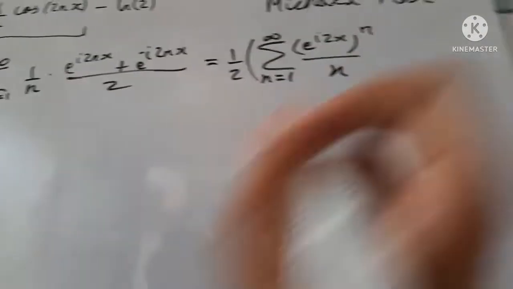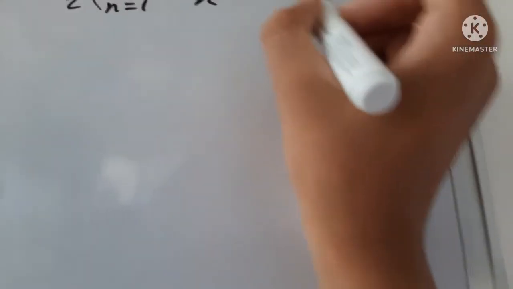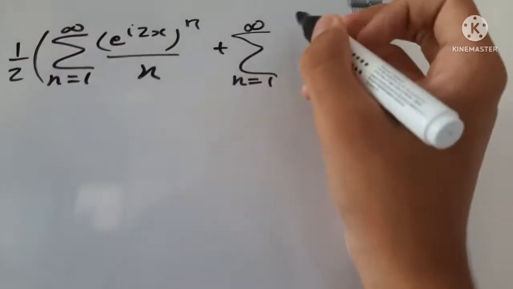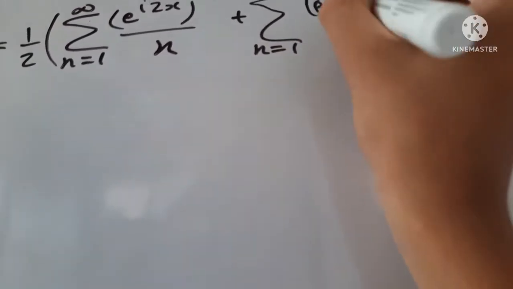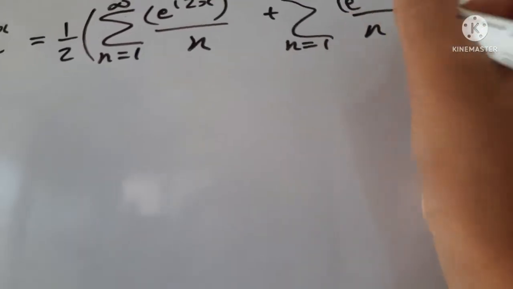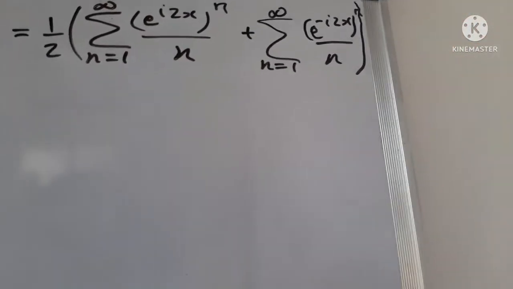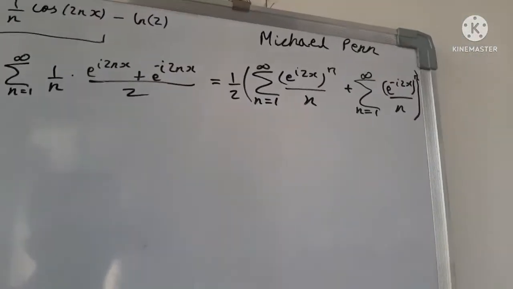So it's easy to see this. Now we get plus the sum from 1 to infinity of e to the minus i 2x, to the n. Let's close off this bracket. Yeah, that looks about right.